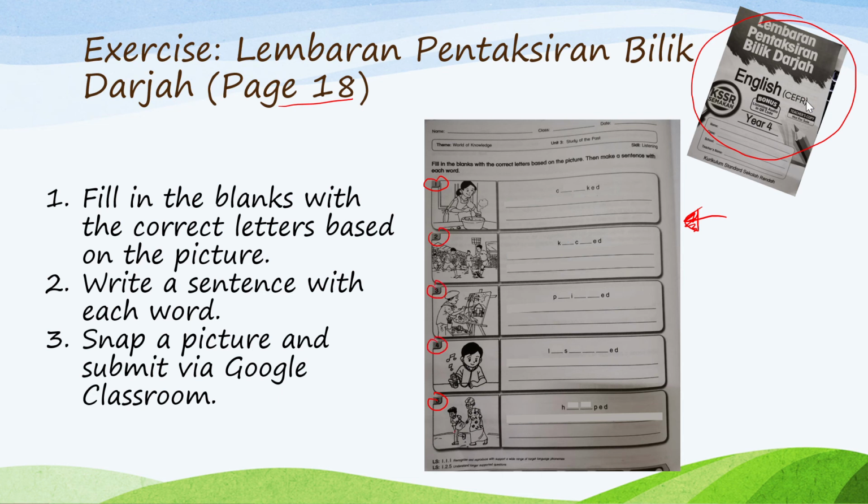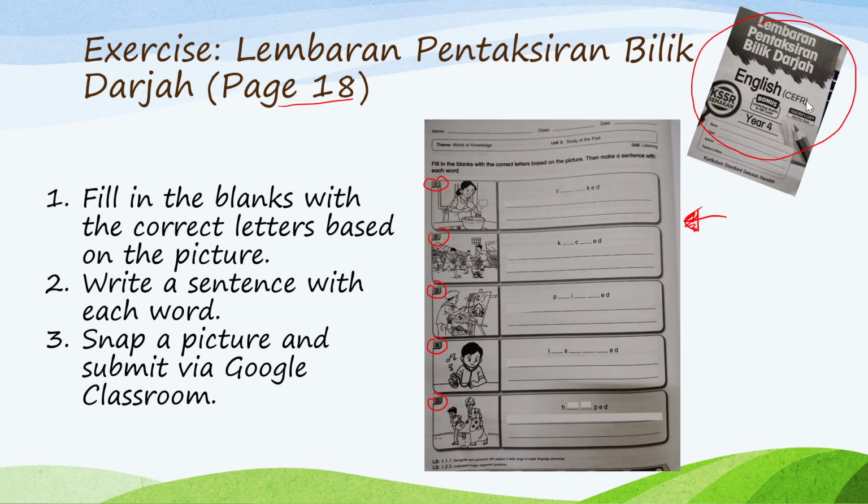Okay, number 1 is fill in the blanks with the correct letters based on the picture. Berdasarkan gambar ini, ya, tuliskan atau isikan tempat kosong dengan huruf yang betul. Okay, number 2, write a sentence with each word. Berdasarkan perkataan yang korang dah dapat, ya, tuliskan satu ayat yang penuh, ya.